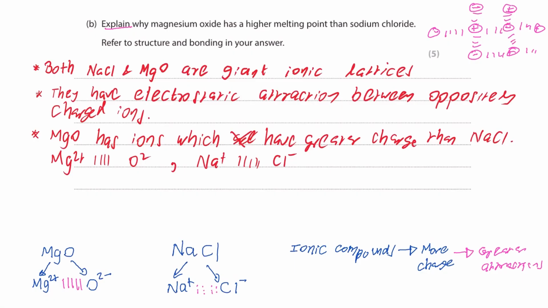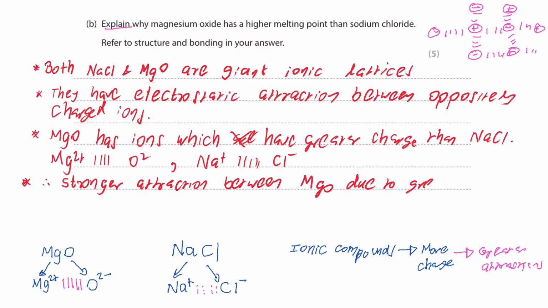Okay. So therefore we can say that there is stronger attraction between magnesium oxide ions due to greater charge density.